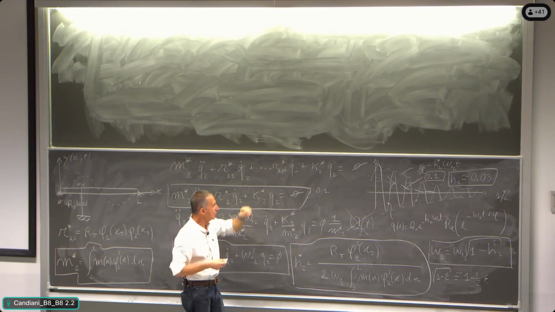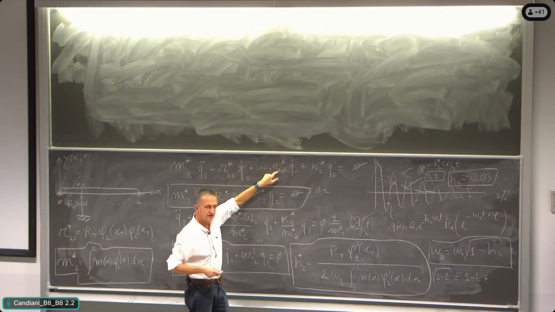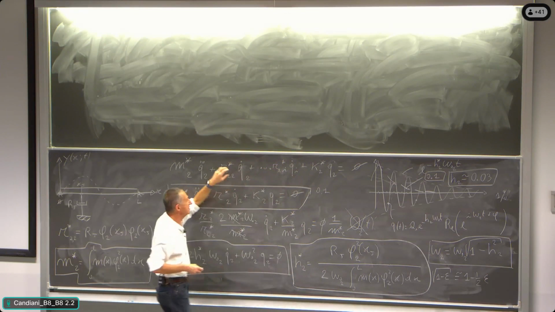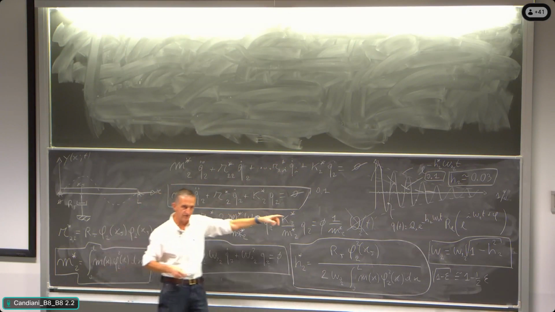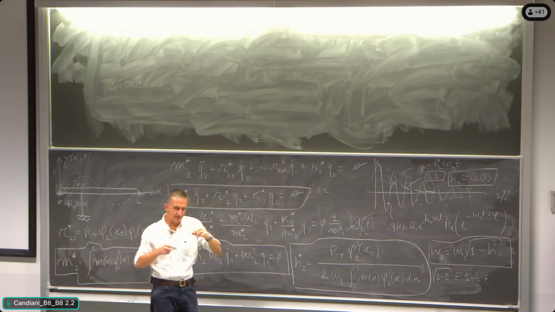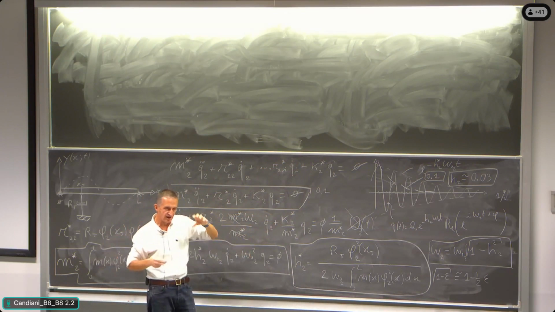But the numbers that are running here are small in the same way that they are small here for the specific mode that is going to be damped. And so there is some noise associated to the higher modes.